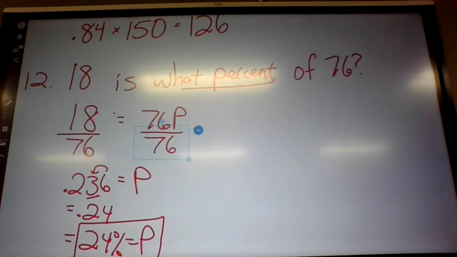Okay, it's 80% of what number? So what should we put for the what number? It's just of what number, the x.